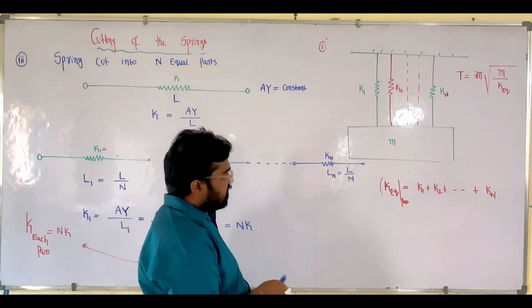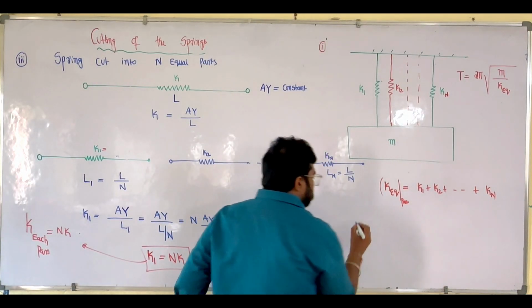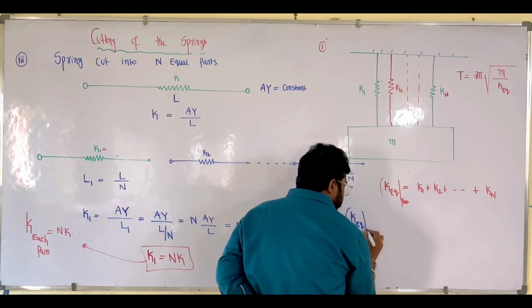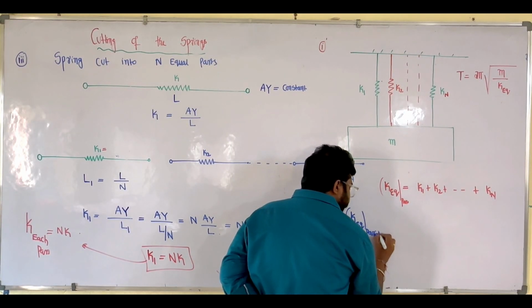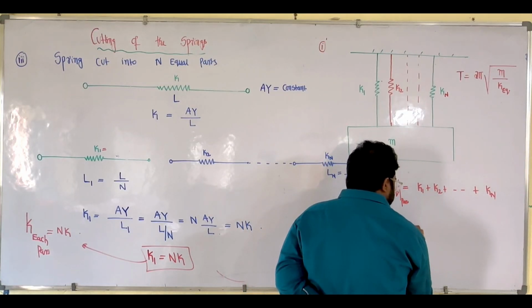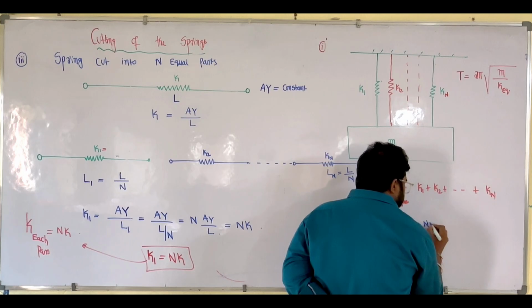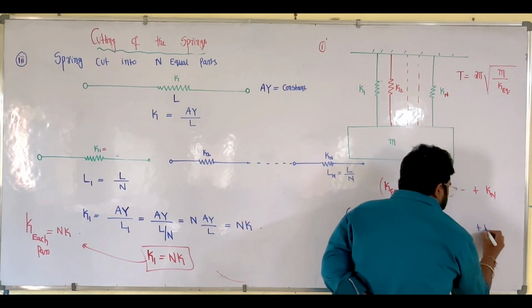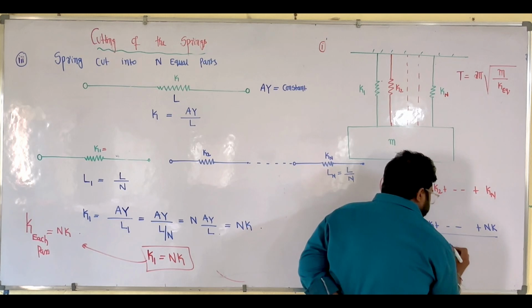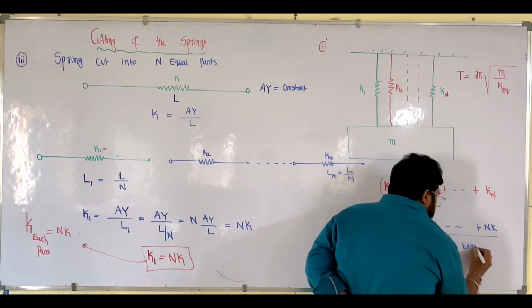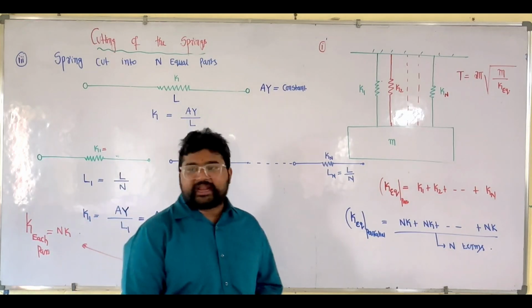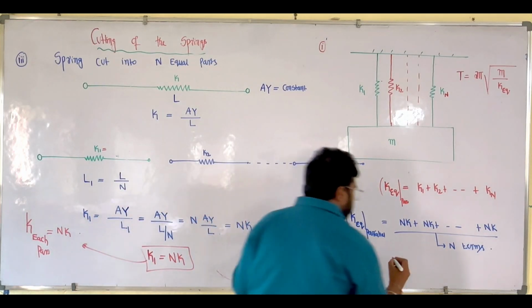That is nK plus nK and so on up to nK. How many terms are there? n terms. So n terms means nK times n. Clear?